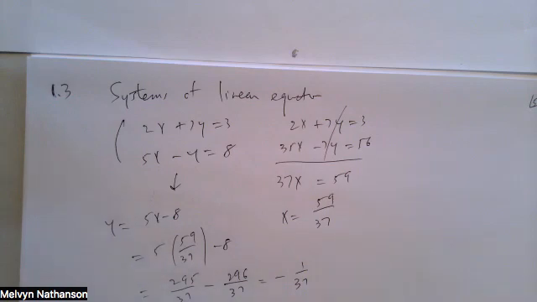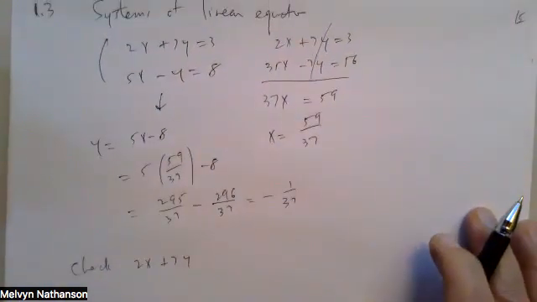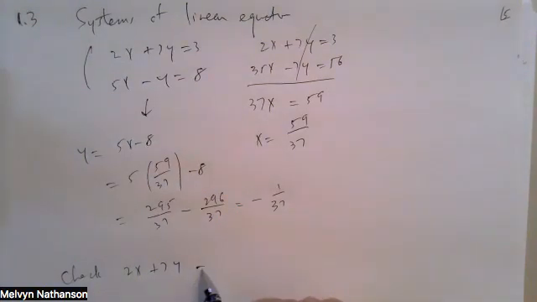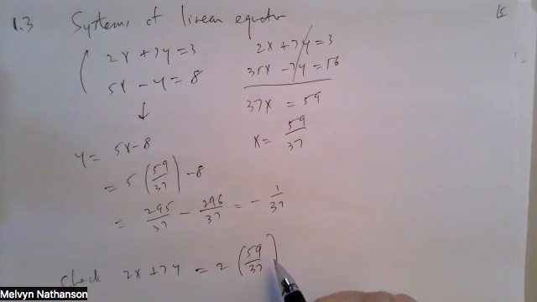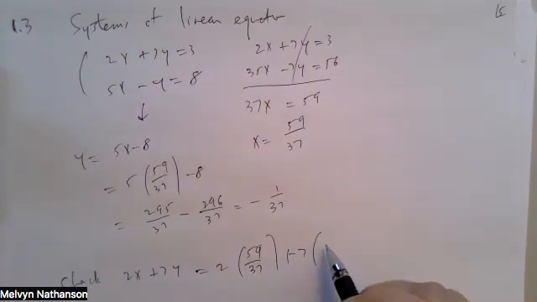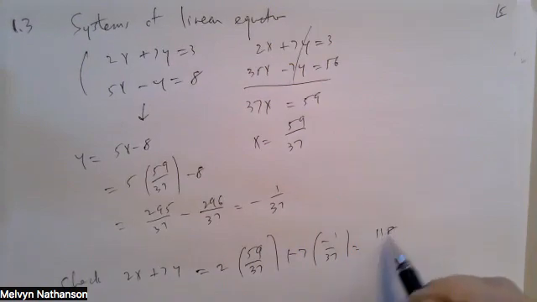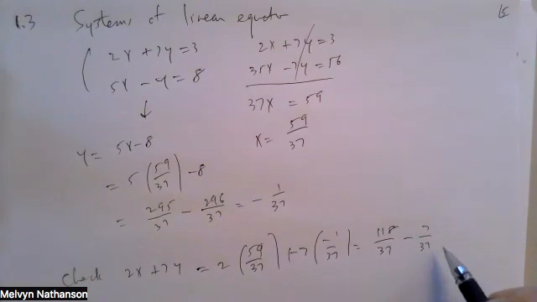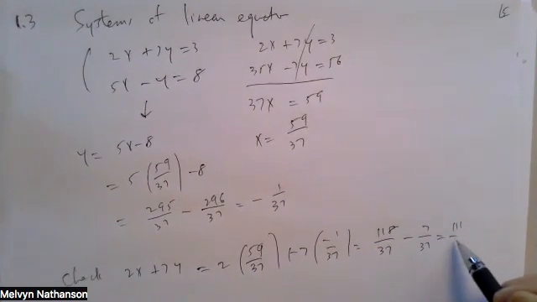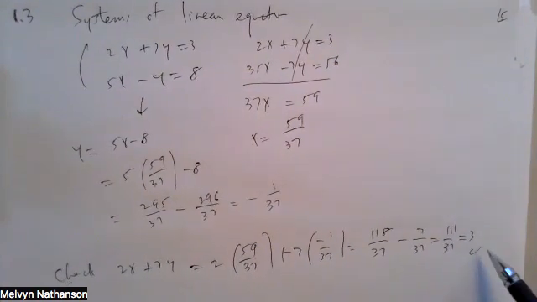Let's just check. 2x plus 7y is 2 times 59 over 37 plus 7 times minus 1 over 37. This is 118 over 37 minus 7 over 37, which is 111 over 37, which by a miracle is 3.